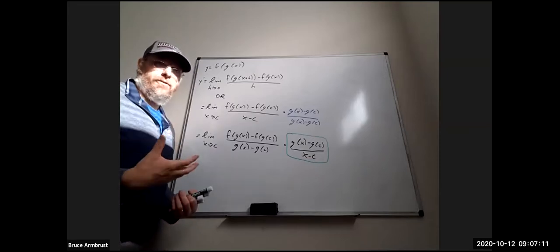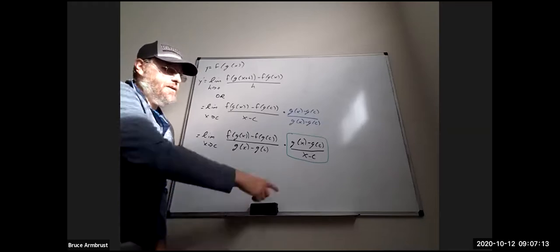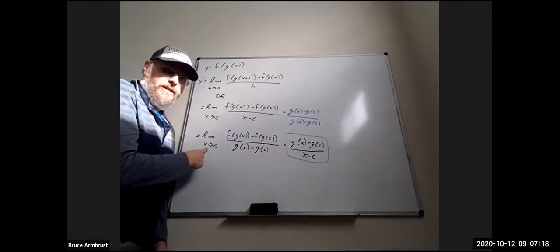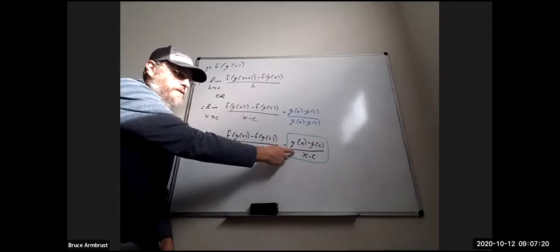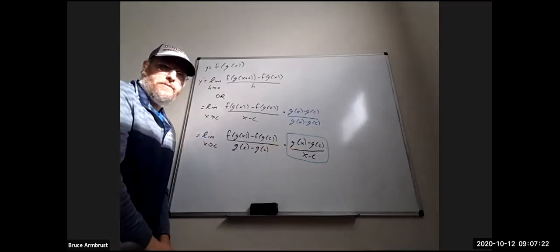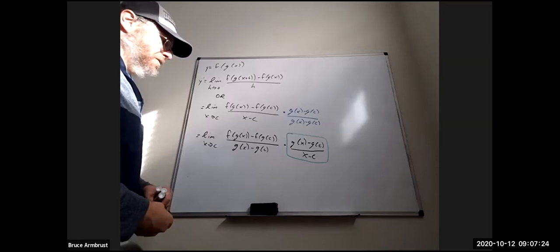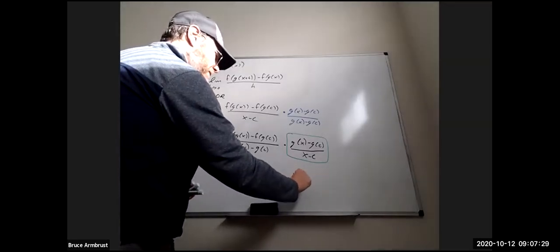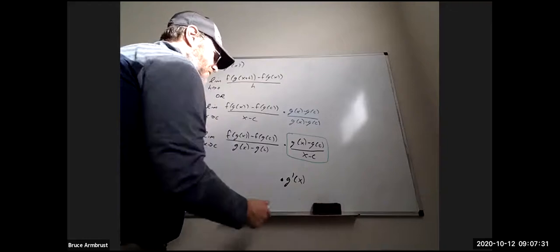If you go back and think about the forms for the derivative of g, as long as x is going towards c, which it is, this is just g prime of x. Let me just rewrite that then. That is just g prime.